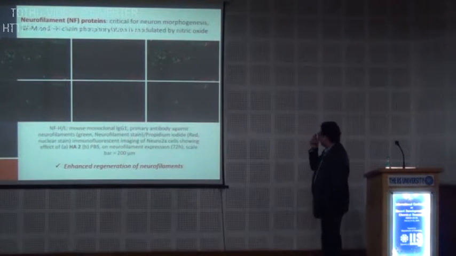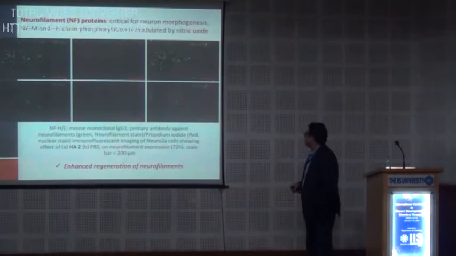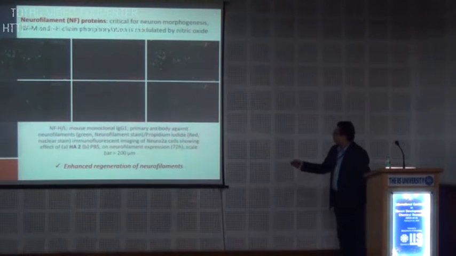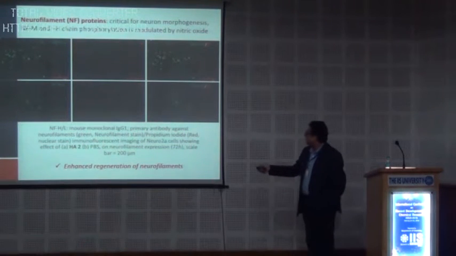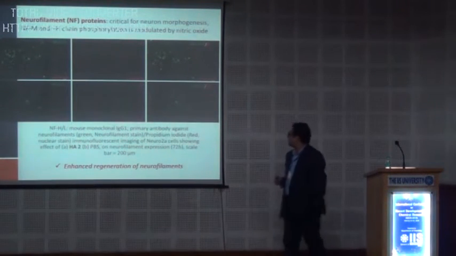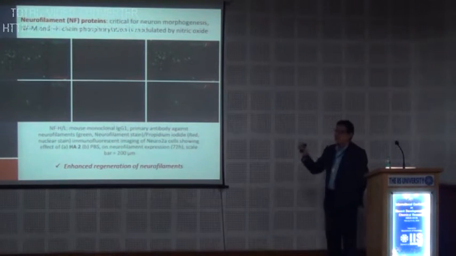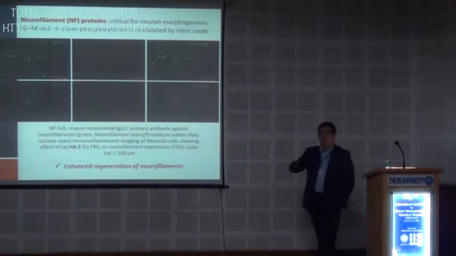And what we have done here is that this staining is done by immunoblotting basically. So we took the mouse monoclonal antibody, which is specific for the heavy and light chain. Neurofilament heavy and light chains are going to be stained by the mouse monoclonal antibody that is fluorescent in nature, and we subjected the neurons to these antibodies and looked under a fluorescence microscope.